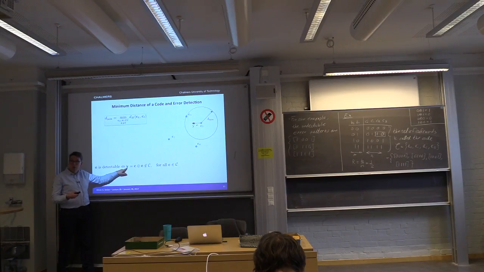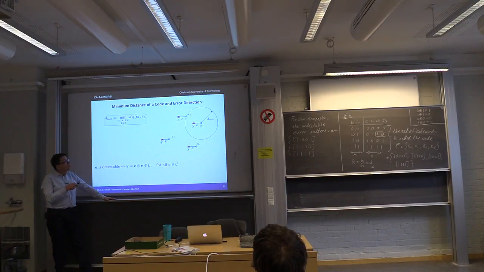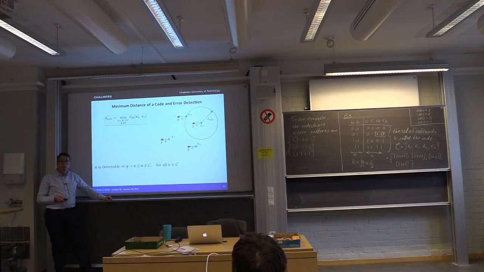Then we are able to detect this error. And this should be true for all starting transmitted vectors. So if we look at E, regardless to which C we add it, we're not going to end up on another code word. Okay, so this is a detectable error pattern.